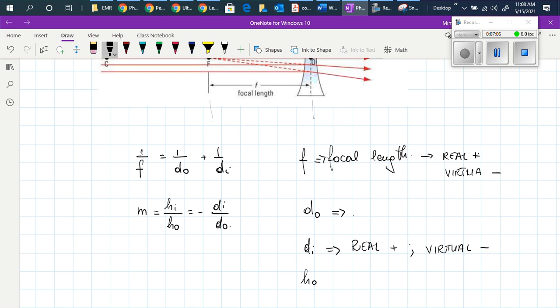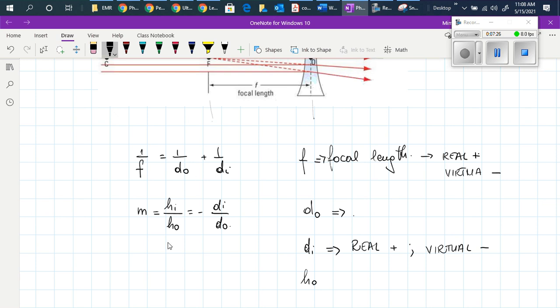If the incident ray passes through the focal point, then the refracted one will be parallel to the principal axis. The ray passing through the center of the lens goes straight through.